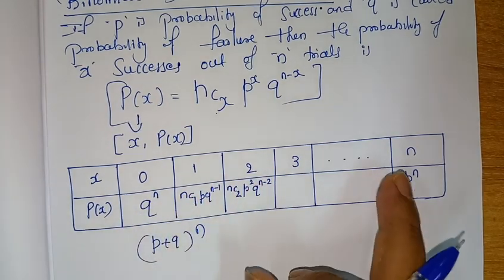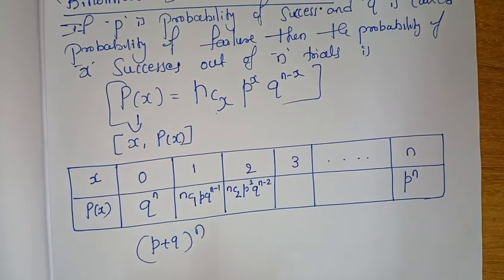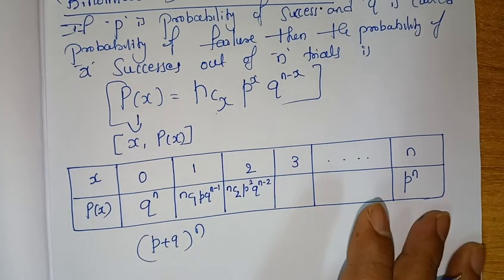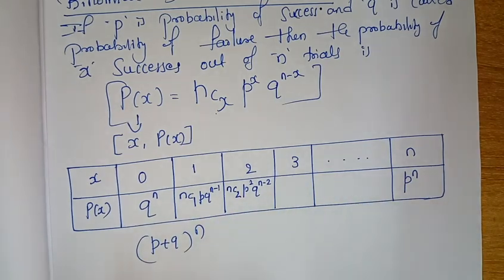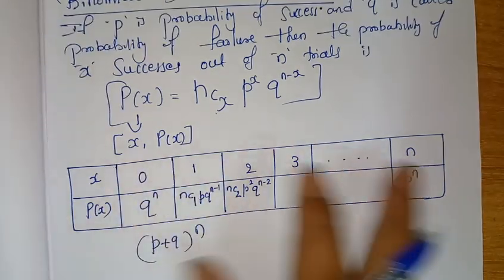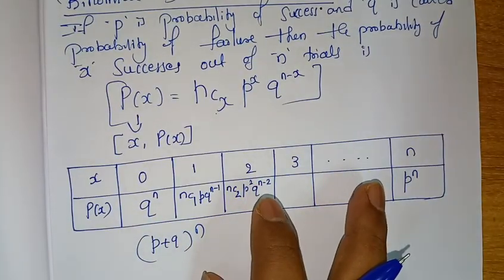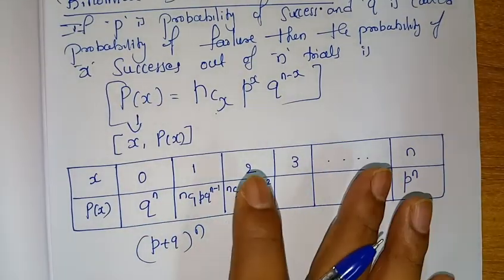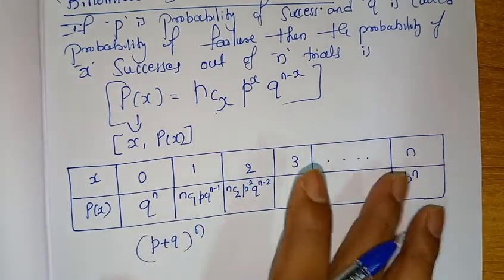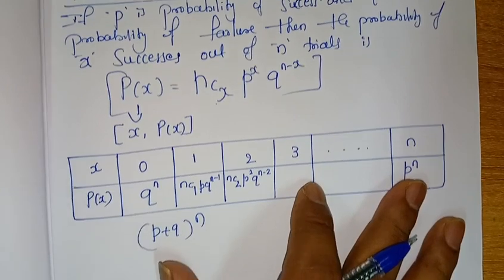This distribution is called binomial distribution, or also called Bernoulli distribution. Both are correct words.